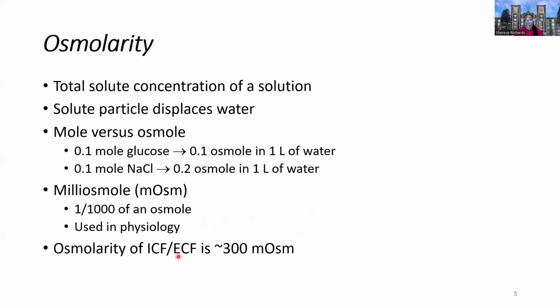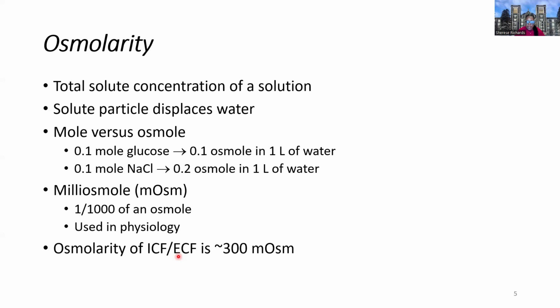If we have excess water inserted into our fluid compartments, that can dilute the osmolarity of our fluids. If we have excess water removed from our fluid compartments, that can also condense or concentrate the osmolarity of our fluid compartments. So that can lead to dangerous consequences, which I'll talk about coming up.